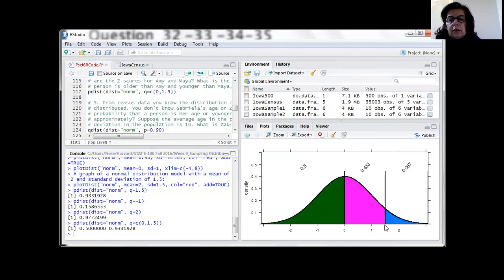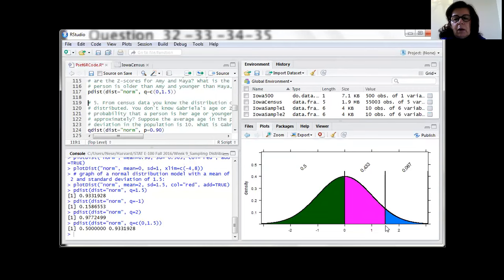Maya's z-score was 1.5, which is in here. If you say 0.43, the proportion of the people who are younger than Maya, if you say 0.43, it would not be correct. 0.43 is just in between.